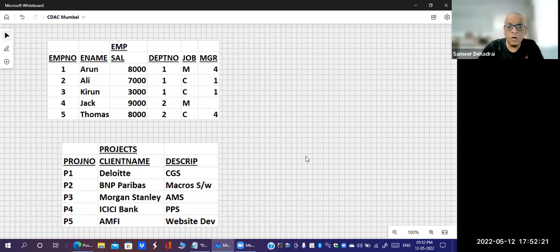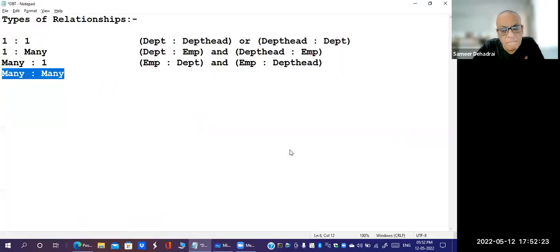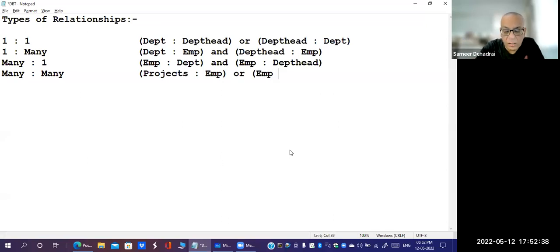Would be an example of many is to many. So EMP is to projects. Projects is to EMP. Either way you look at it, it's an example of many is to many.